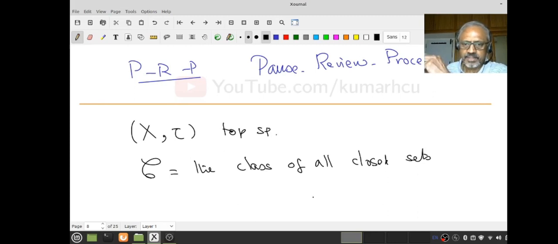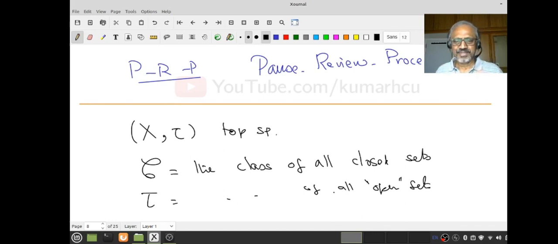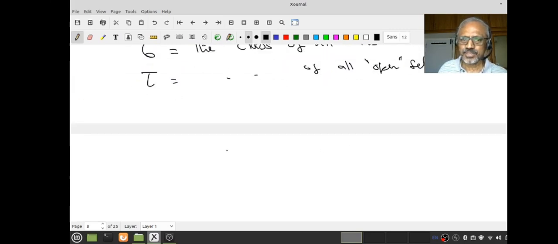This is in contrast with tau, the class of all open sets, though that is a strange way of saying it, because I gave tau first and only after that defined what is meant by open set. Any element of tau is an open set, so this is not a very correct way of saying it, but anyway, these two are counterparts.